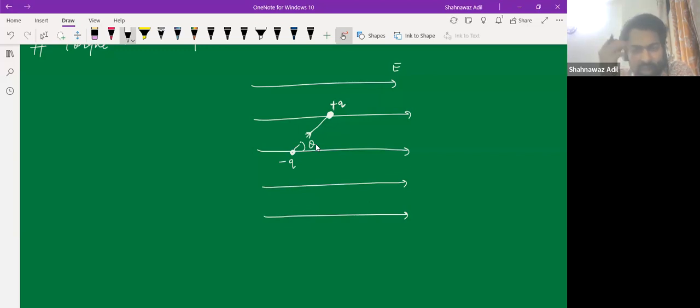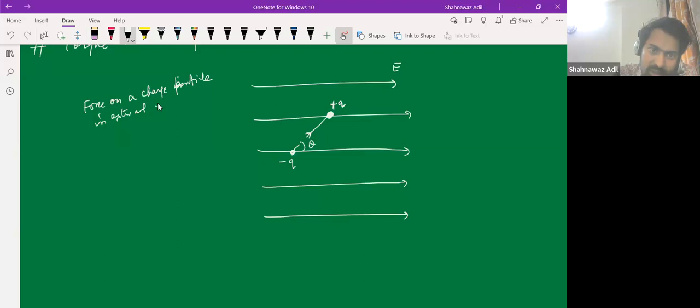I will request you guys, whenever we meet in the next class on Wednesday, please look at force on a charged particle in an external electric field. This we have done already, right? And this is a positive charge with the electric field in this direction. So force would be where?